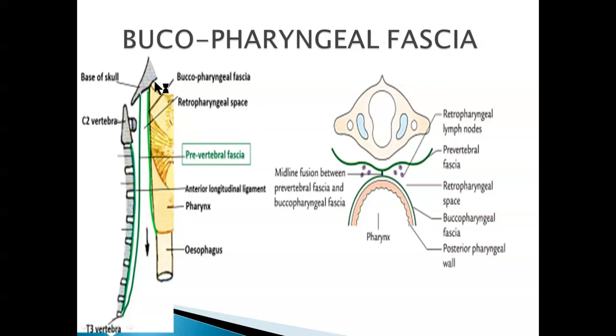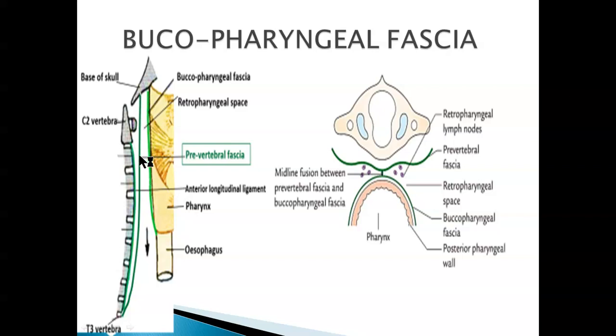In this diagram, we can see the skull base over here. Then we have the constrictor muscles over here. This is your pharynx and your esophagus continuation. Here we have the buccopharyngeal fascia. Then, behind the buccopharyngeal fascia, we have this space, your retropharyngeal space.